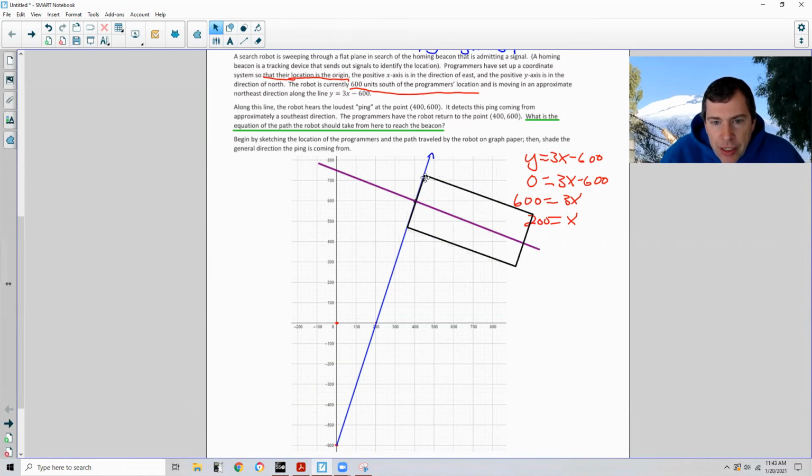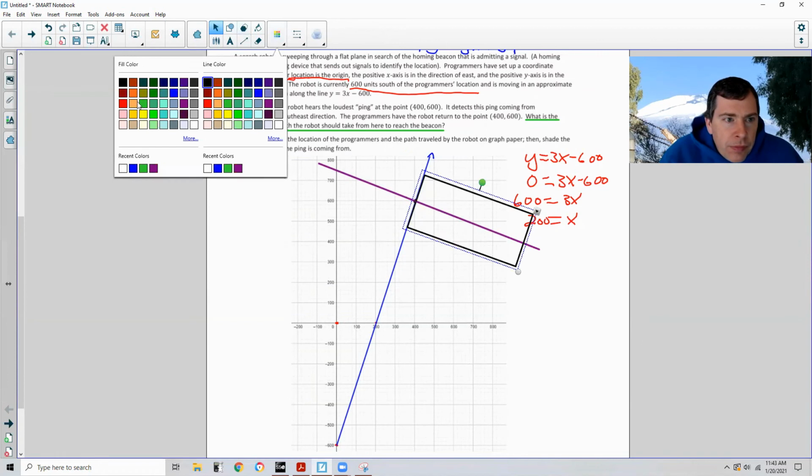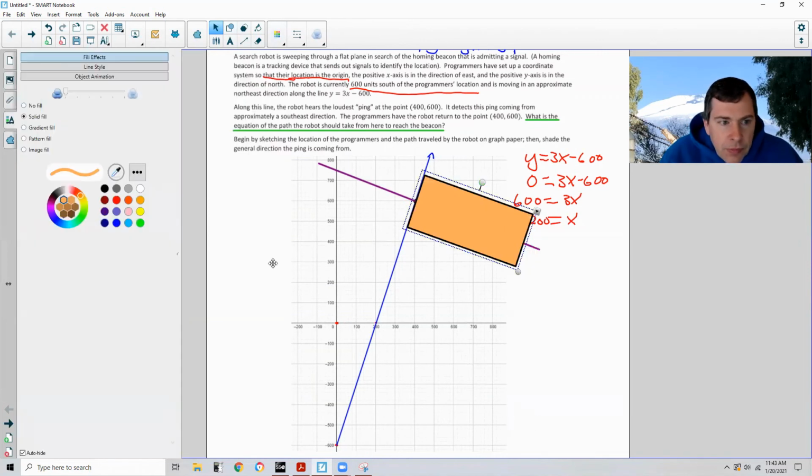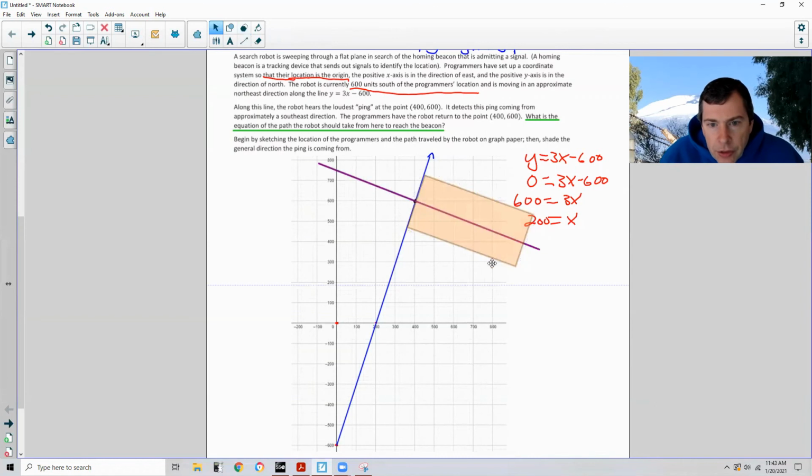We don't want to go up here per se, but somewhere down around here. So if I were to just shade this, like so. So somewhere in this shaded region over here. So there is our graph.